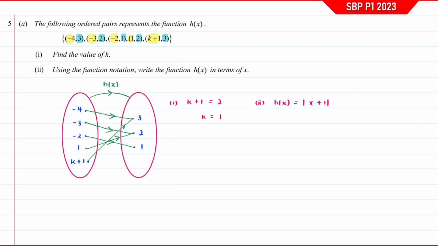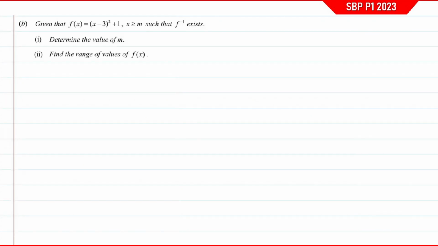To confirm the answer, you can substitute the value into the function h(x). For example, h with the input of negative 4, it will be modulus of negative 4 plus 1. The answer is modulus of negative 3, which will give you the answer of positive 3.